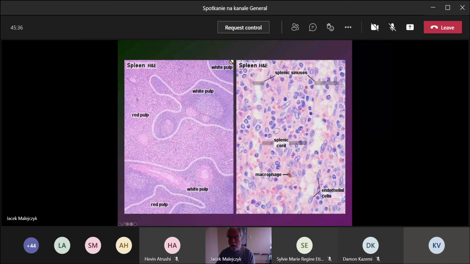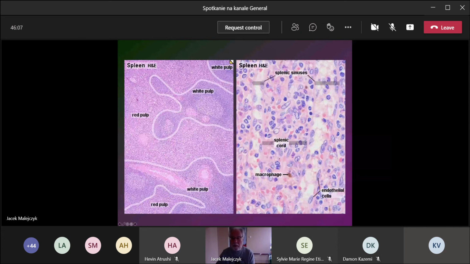Here is a very similar picture again. The higher magnification of this area shows that the diameter of these vessels is indeed very big. So this is to slow down the blood flow in these sinuses.